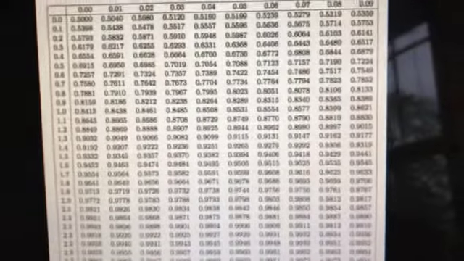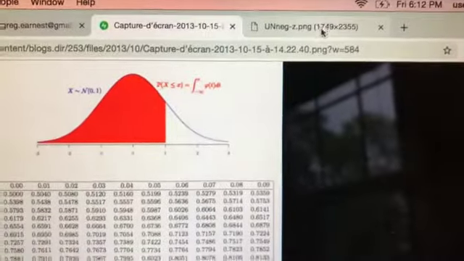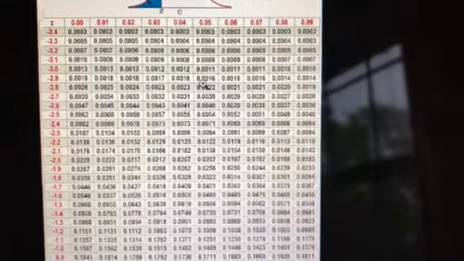One of them's positive, so let's go to this one. Well, this is 1.25, so 1.2, oh wait, I've done this before, 0.8944. Okay. And then let's go to the negative one. And I want negative 2.75.